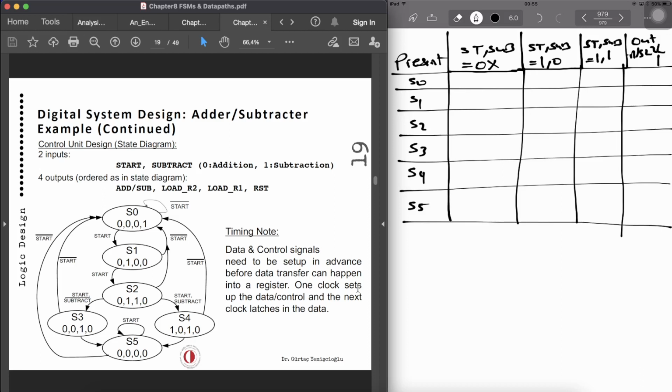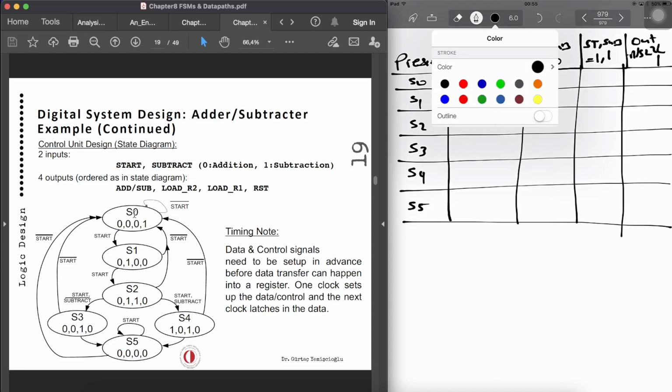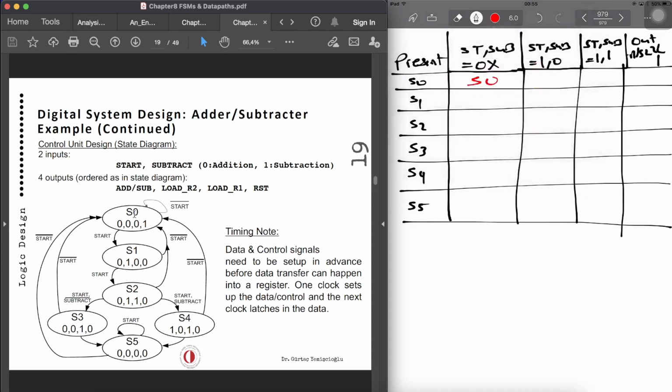Now, when we are in S0, start is deasserted, so we don't care about add and subtract. It will be staying at S0. And when start is 1, that means it has to jump to S1.